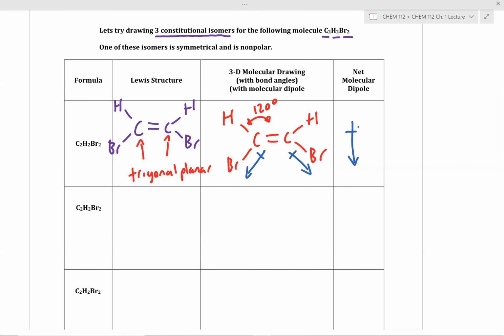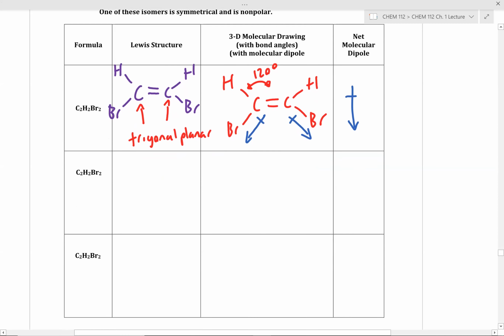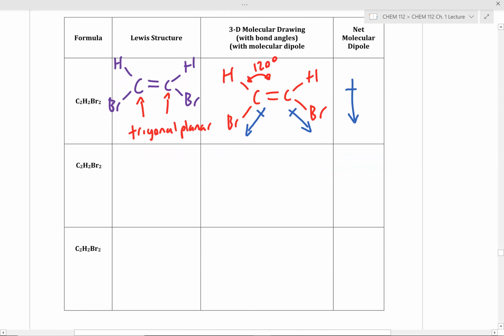Yes. Now, what I'd want you to do is to play around and write out two other isomers. I'd like you to write out a constitutional isomer as well as what would be called a stereoisomer. So same number of atoms, but different relative connectivity.